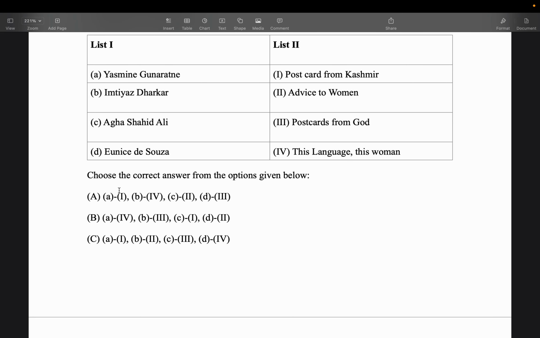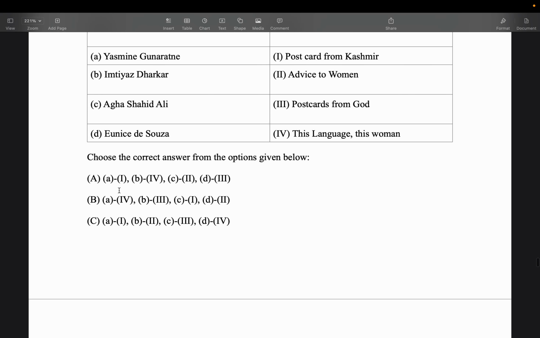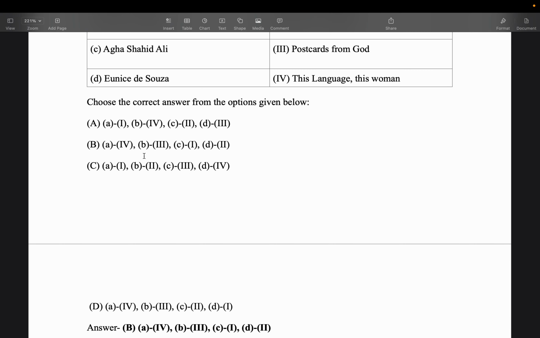Yasmine Gooneratne, that is a Sri Lankan writer. Imtiaz Dharker is famous. Agha Shahid Ali is famous. Eunice de Souza. Agha Shahid Ali wrote Postcard from Kashmir. You should know because he is the Kashmiri here. Okay, C1, what are the options? Only one C1 is there. So this is the answer.